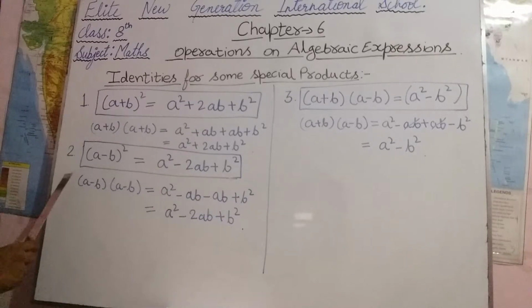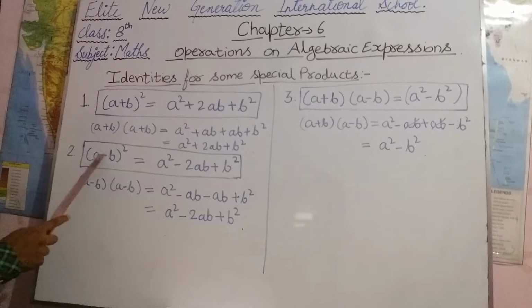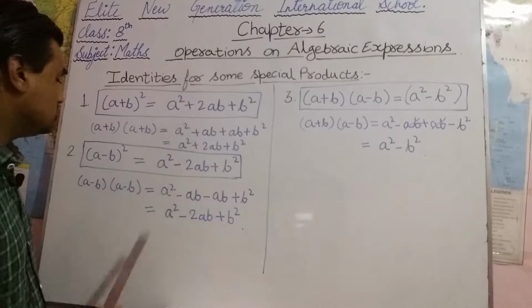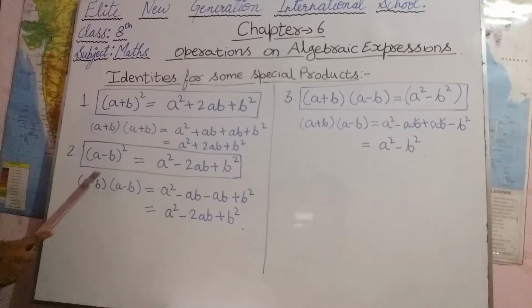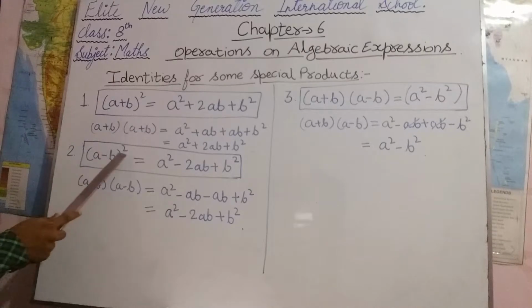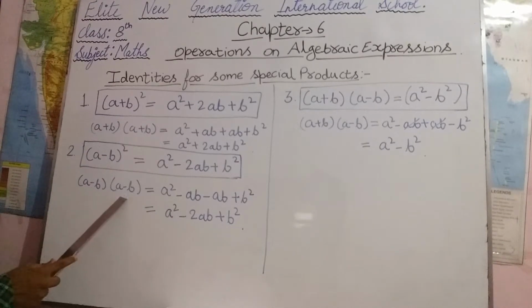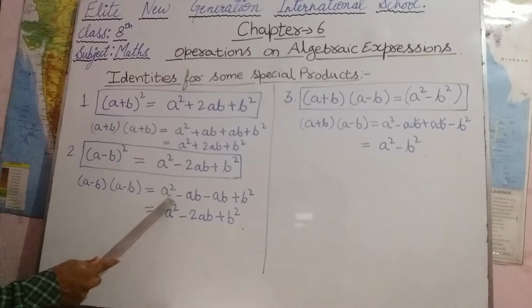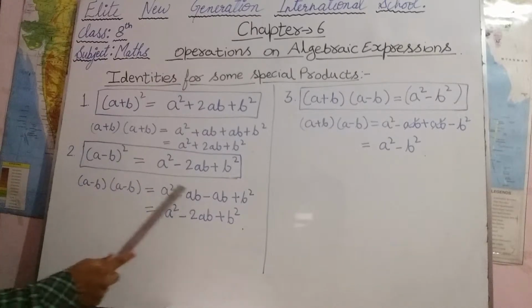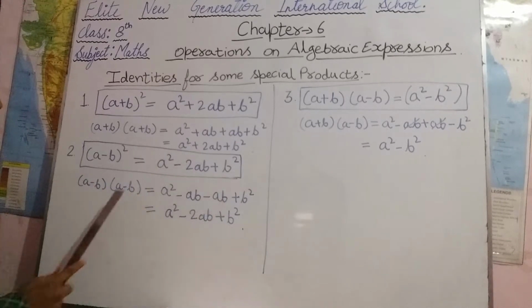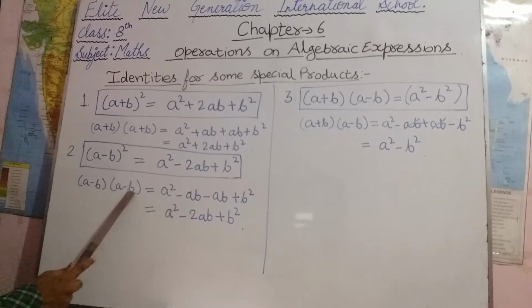You have to learn this identity, (a plus b) whole square equals a square plus 2ab plus b square. Now see the second identity, that is (a minus b) whole square equals a square minus 2ab plus b square. When we solve this, (a minus b) into (a minus b), it is a square, so we can write it two times, (a minus b)(a minus b). Here a into a will be a square, a into minus b will be minus ab, minus b into a will be minus ab, and minus b into minus b will be b square.